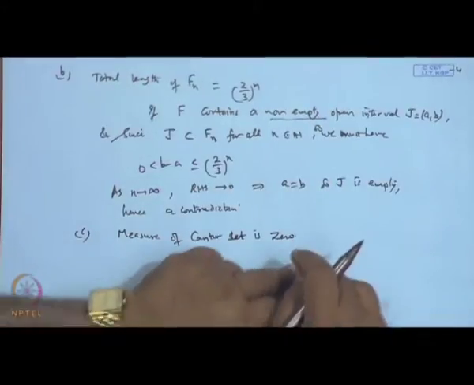Similarly, for other sets, it is difficult to find the length, because if the sets are scattered and lying in between the interval (a, b), then b minus a is not exactly the measure of the set, because the interval will contain some more points which are not available in the set.